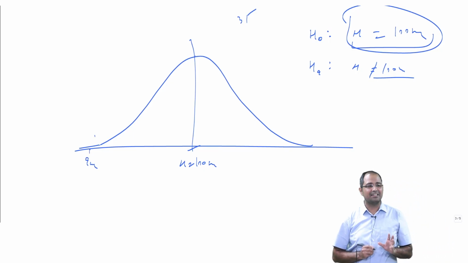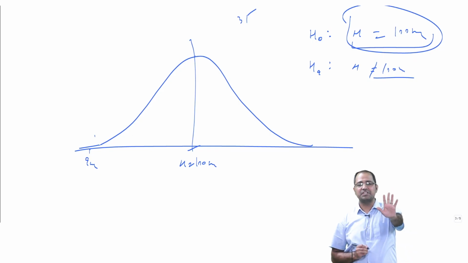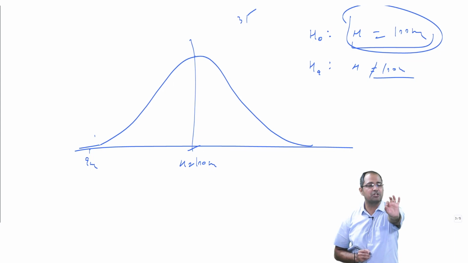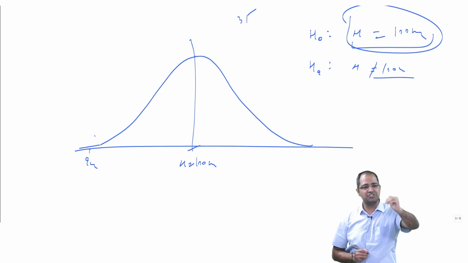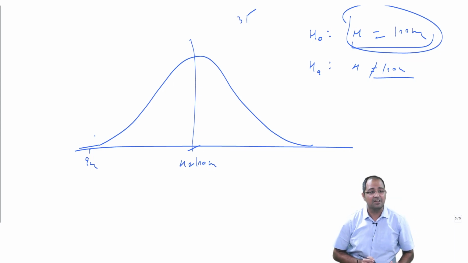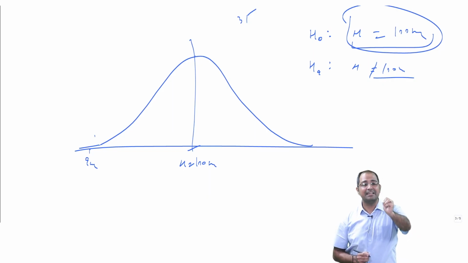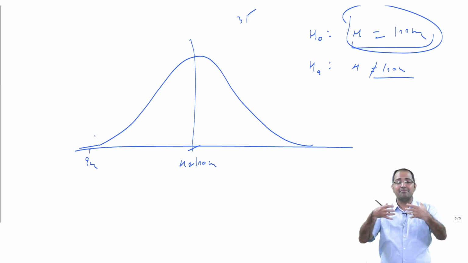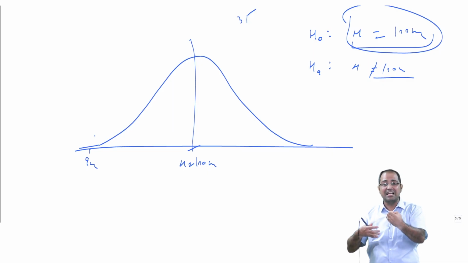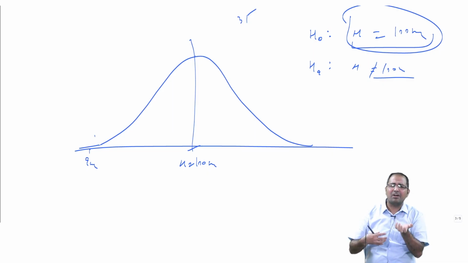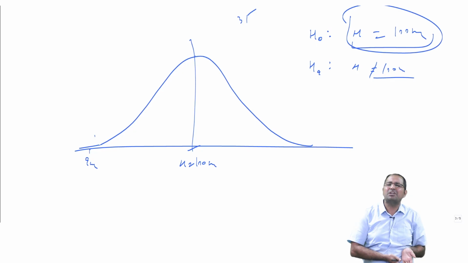So he says that the instructor was saying that it is 100 meter average height. I assume that this is the population mean, assuming that he is right, assuming that the null hypothesis is correct. What is the probability that in a population where the mean height is 100 meters, I am able to draw a sample with such a low mean height?